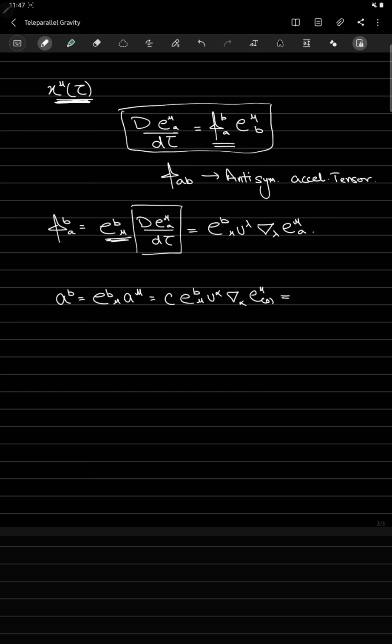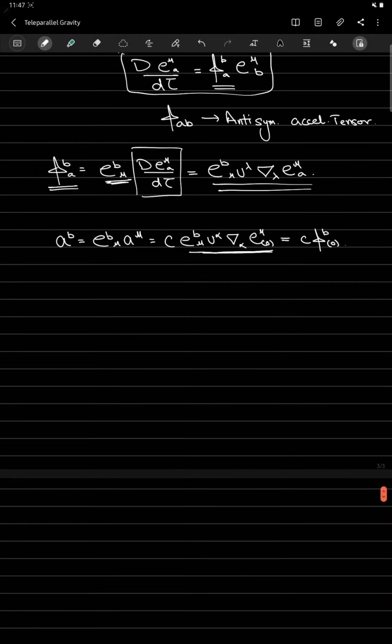And this thing is then, because we know that phi is defined like this, then I can just have c times phi b 0, right? Where this thing is your phi b 0. Now this implies that this A b and phi are not separate translational accelerations of the frame. So they are the same, in fact.